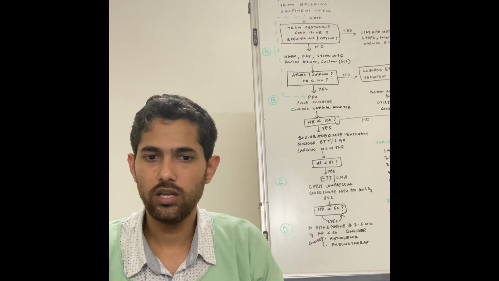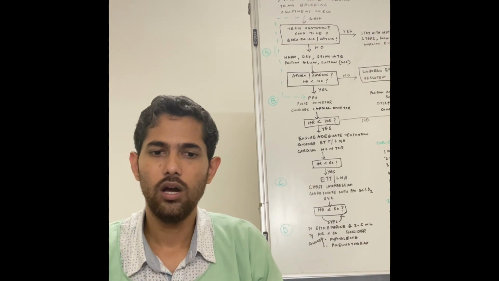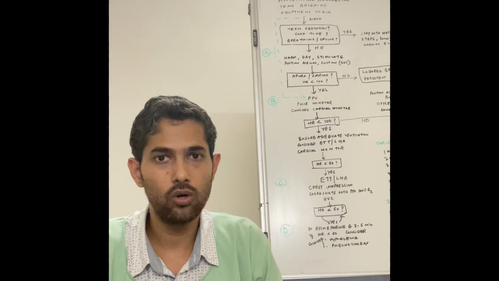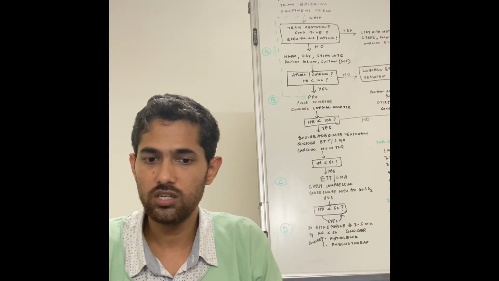Intrapartum risk factors like emergency cesarean delivery, forceps or vacuum assisted delivery, or the mother receiving general anesthesia, or intrapartum bleeding, chorioamnionitis. So you have to know if there are any additional risk factors.